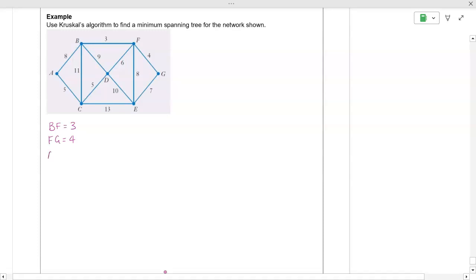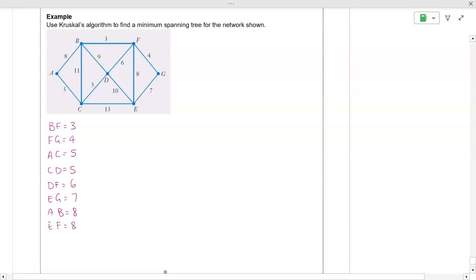I then have AC, which is 5. And I also have CD. It doesn't matter the order in which you put those two. If you have some of the same weight, it doesn't matter there. Then we go to DF, which is 6. EG, 7. AB is 8.